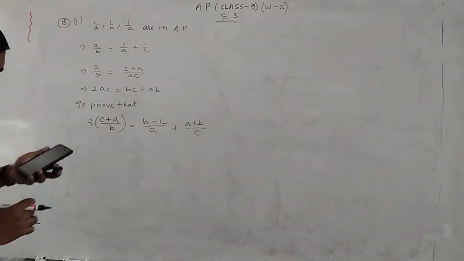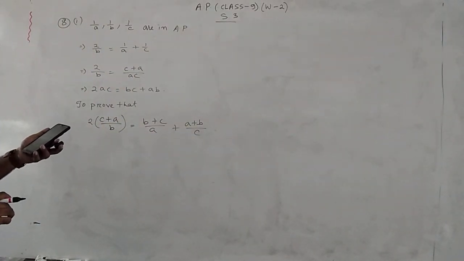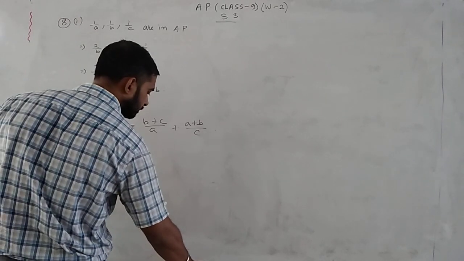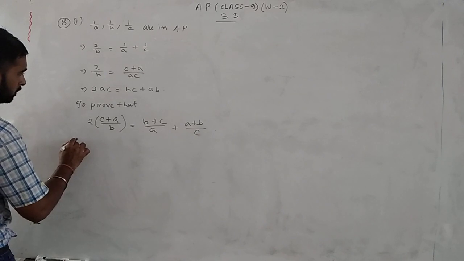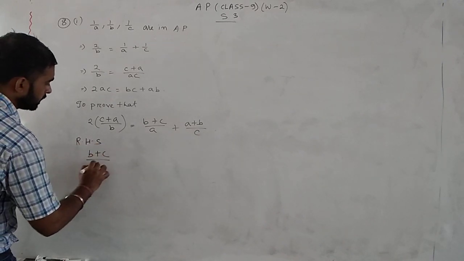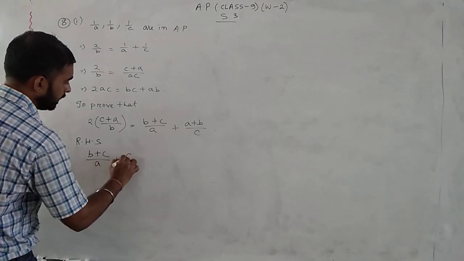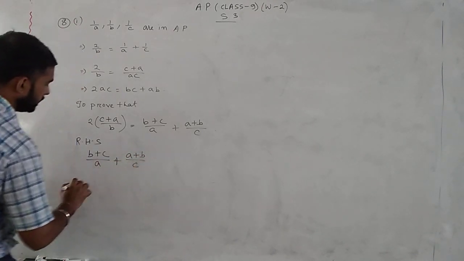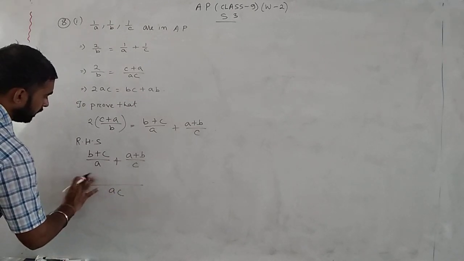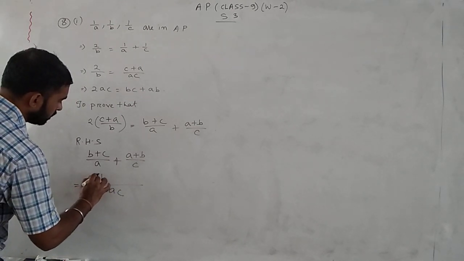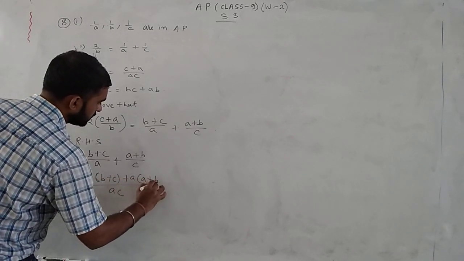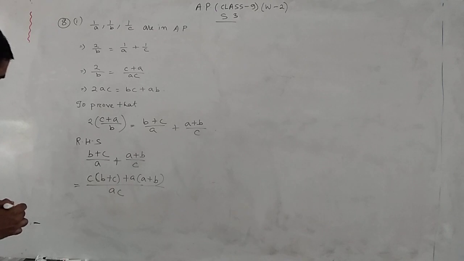We have to prove 2 into c plus a by b equal b plus c by a plus b by c. Okay, now right hand side, b plus c by a plus b by c. LCM will be ac. So ab into c into b plus c plus a into a plus b.